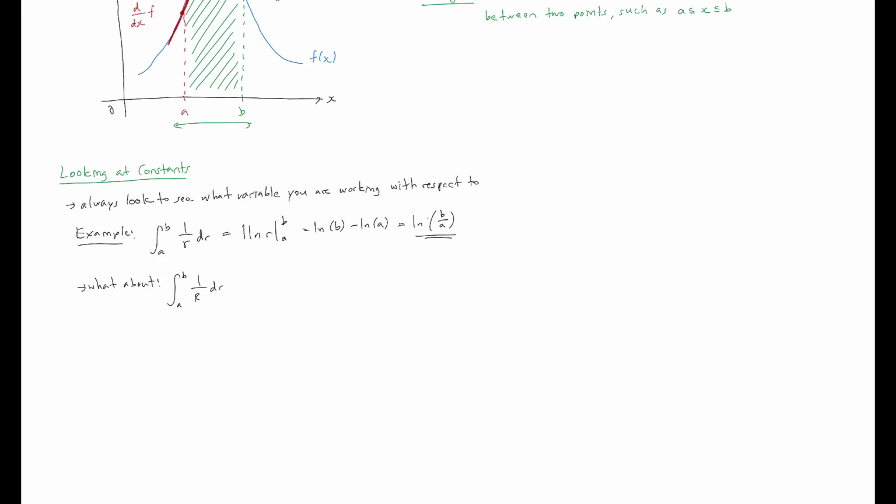Now we've changed the 1 over little r to a 1 over big R, where capital R is a constant. So what do we now have? If we're trying to solve this, we have the integral of 1 over capital R from a to b.